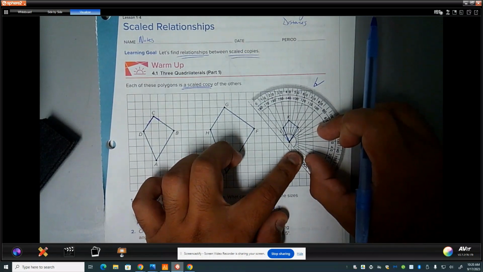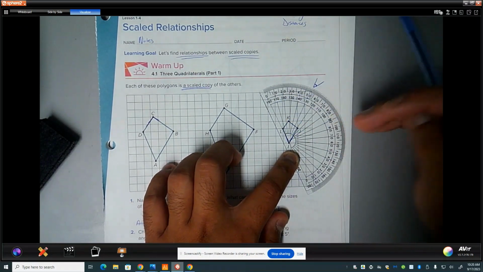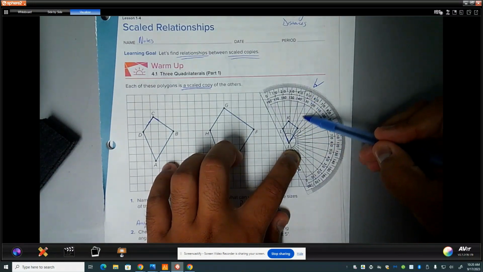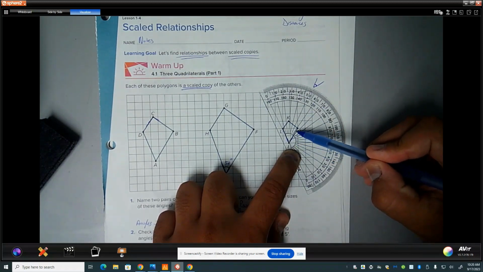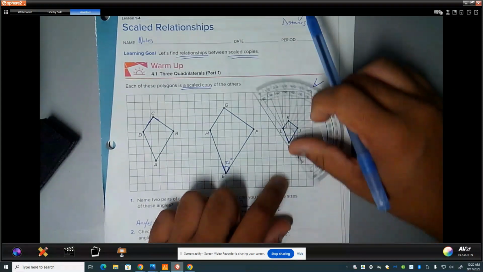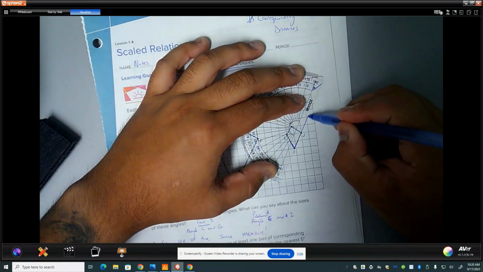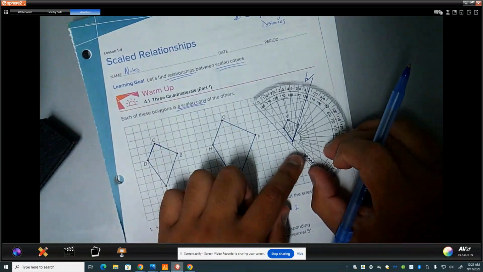And then I'm going to line up one of the line segments with the start of my protractor. Now you can see here that I don't quite know exactly what degree it is because my line unfortunately only ends here. A quick trick that you could do to help you out is just to extend it. Use any straight edge you have, extend it as much as you please, and go back and see if that helps.